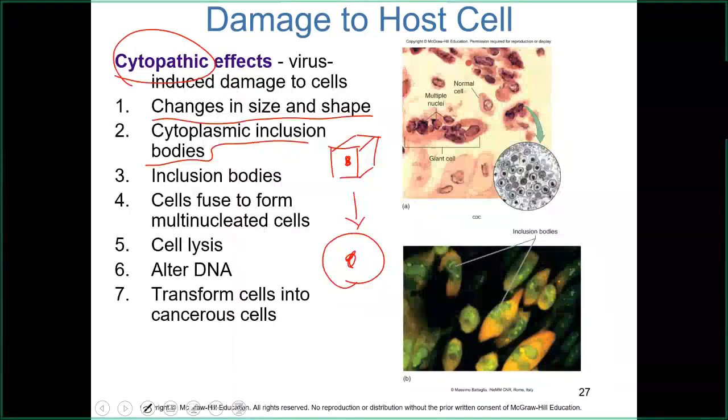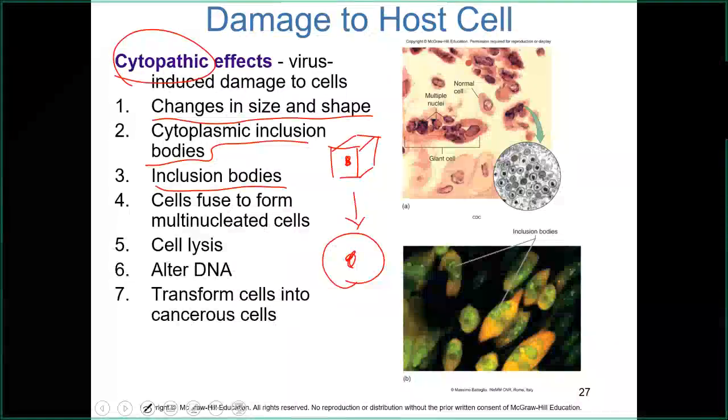So cytoplasm that normally would not be so granular might start to look more granular as viral infection proceeds. There could also be inclusion bodies in the nucleus or in other compartments of the cell. Those would just be granules again.